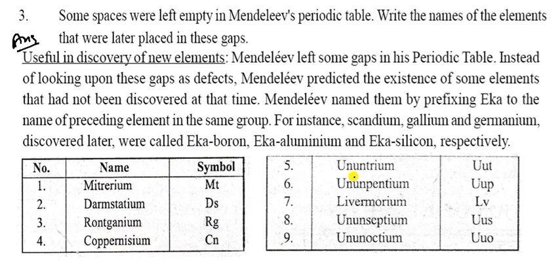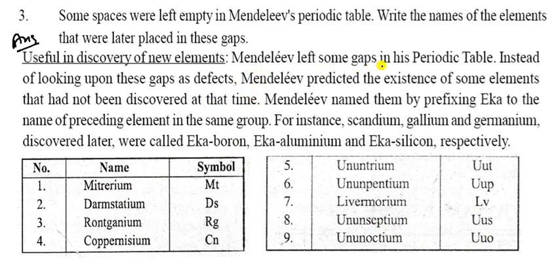And the fifth one is Ununtrium, it is Uut, and the Ununpentium, that is the Uup, and the Livermorium, it is Lv, and it is the Ununseptium, it is Uus, and it is the Ununoctium, it is the Uuo. So this is the discovery and the gaps which are filled by these elements.